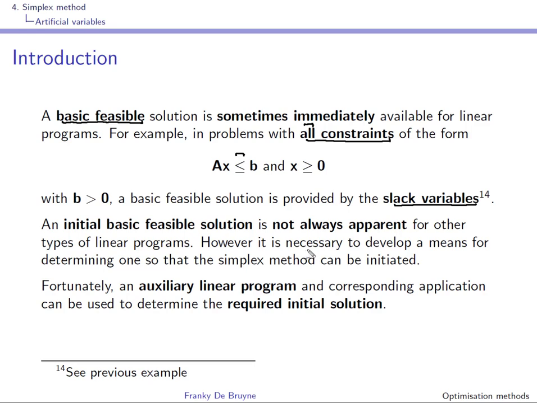Well, often an initial basic feasible solution is not apparent, and what we'll have to do is to solve an auxiliary or artificial linear program to find this required initial solution.